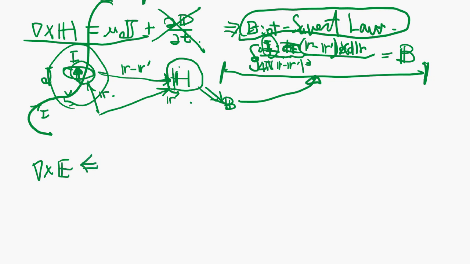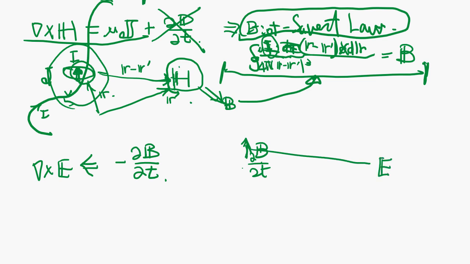Next one is E. E is caused by what? Change of magnetic field. So if you have a magnetic field here and it's changing by time, then that causes an electrical field at a distance.